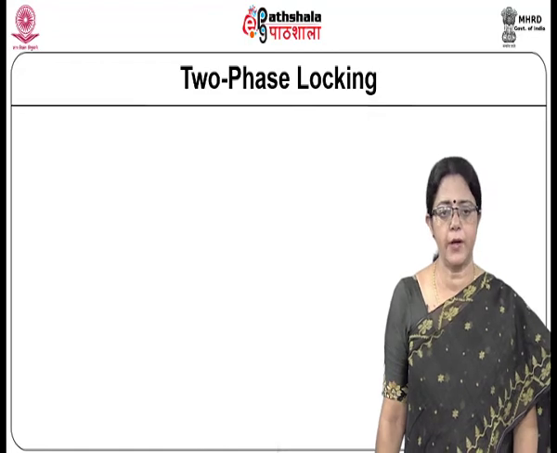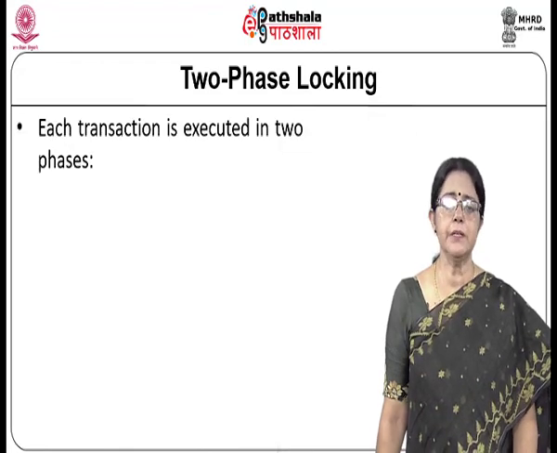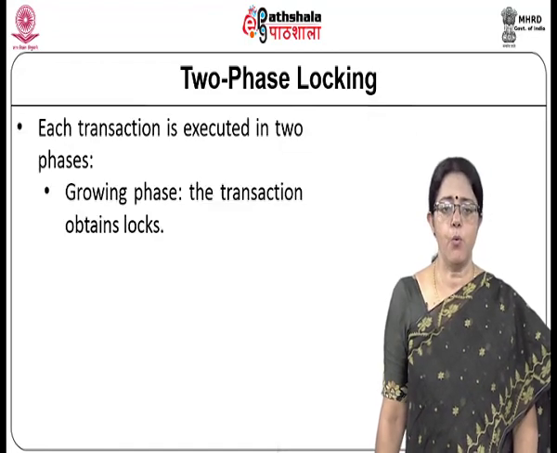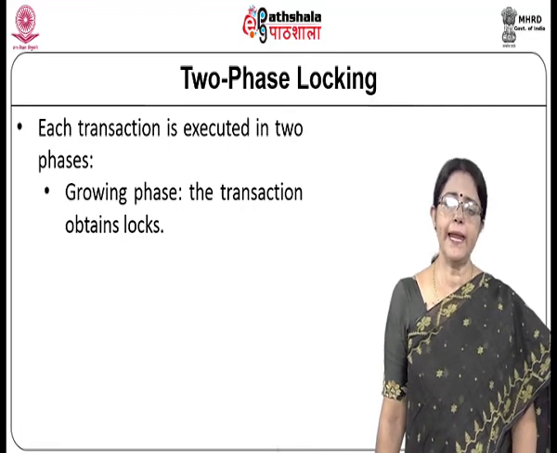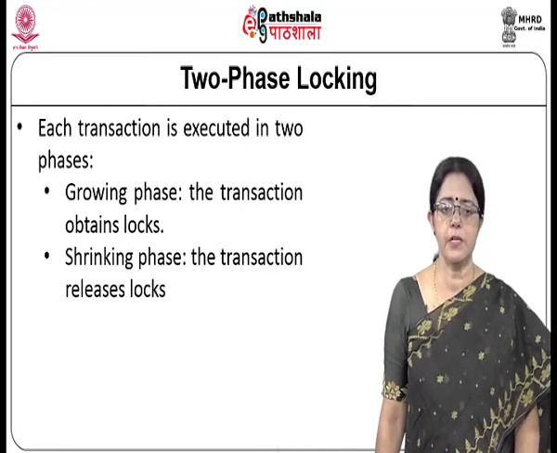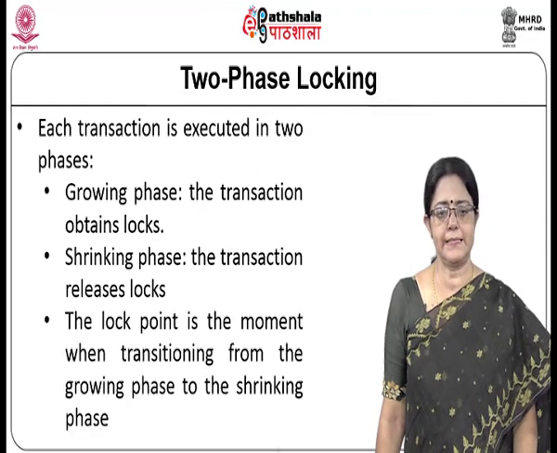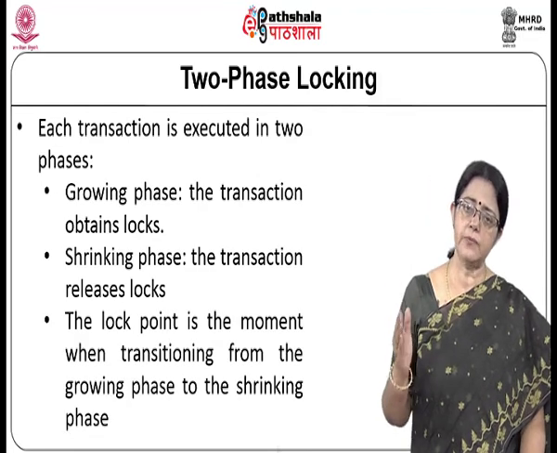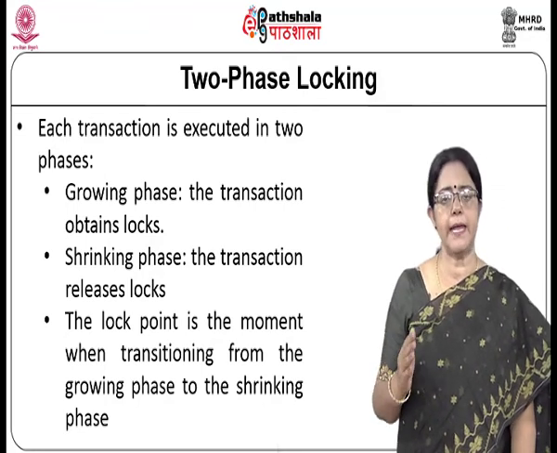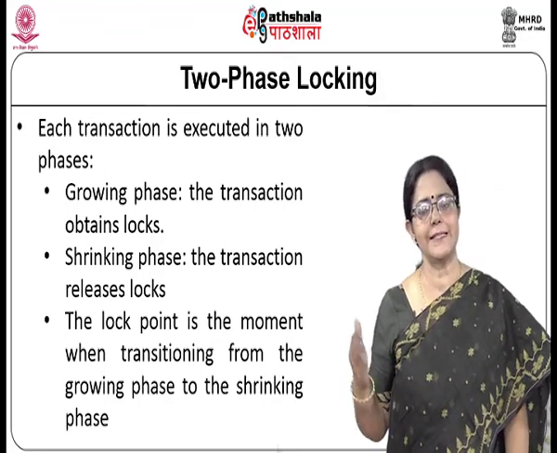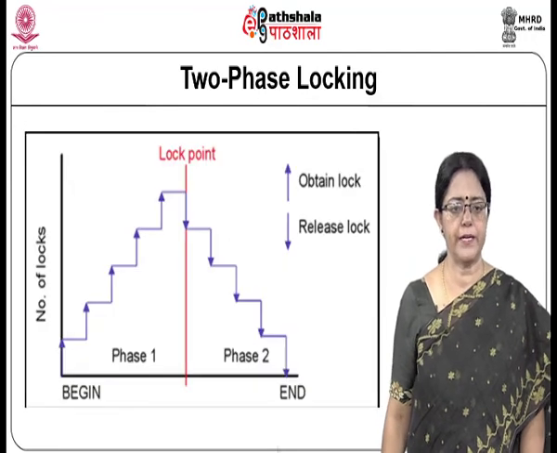Each transaction is executed in two phases. One is the growing phase, where the transaction will obtain the locks, and the other is the shrinking phase, when the transaction will release the locks. And the point where the growing phase stops and the shrinking phase starts is called the lock point.